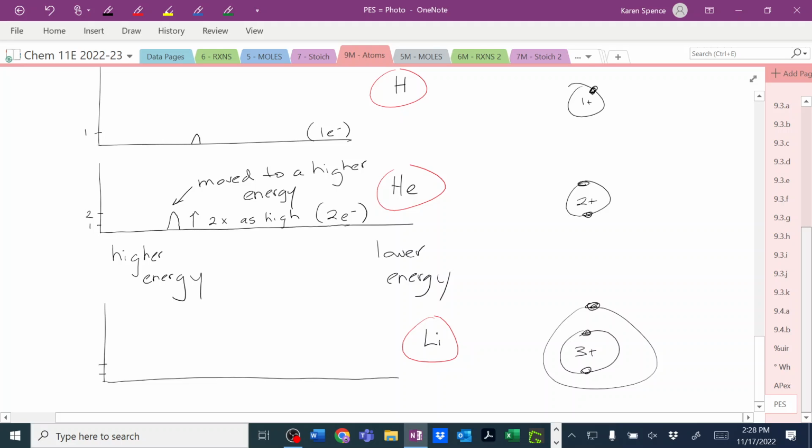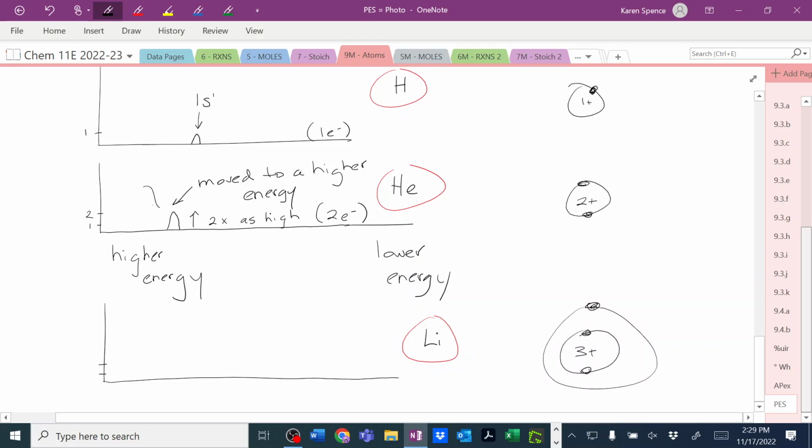Well, we only have one subshell so far. So what is that first peak going to look like? Same height, why? Because this represents which subshell? 1s, and this is 1s1.